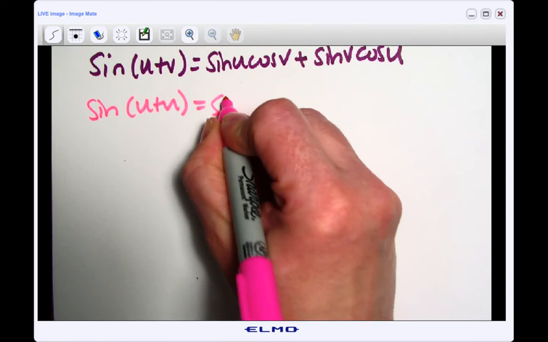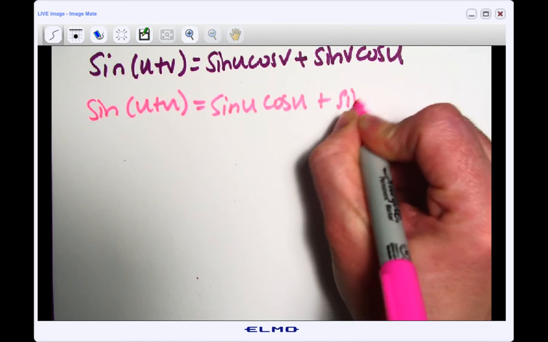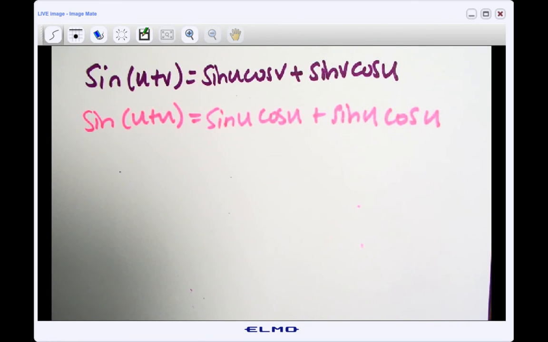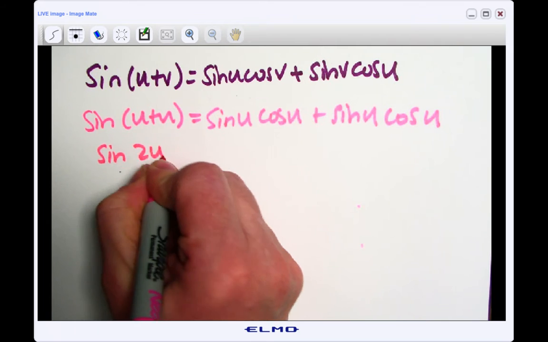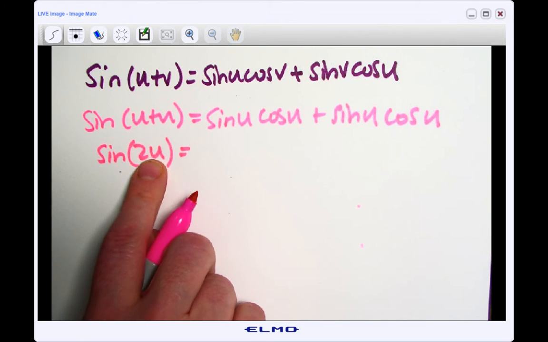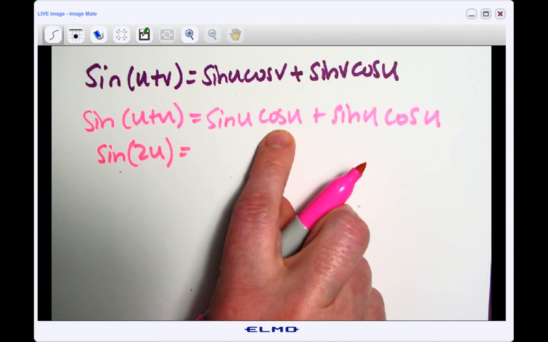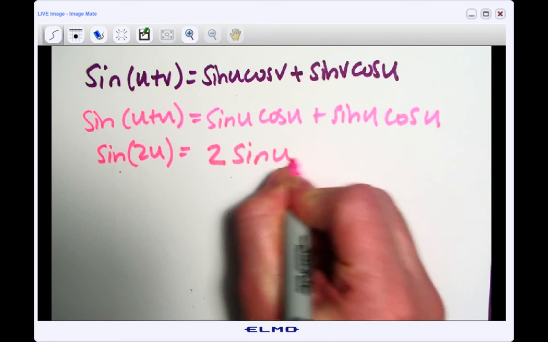So that's sine u cosine u plus sine u cosine u. I've replaced the v's with u's, and of course everybody knows that that's 2u on this side. So there's my double angle that we talk about. And here we get a sine u cosine u and a sine u cosine u, so that gives me 2 sine u cosine u.